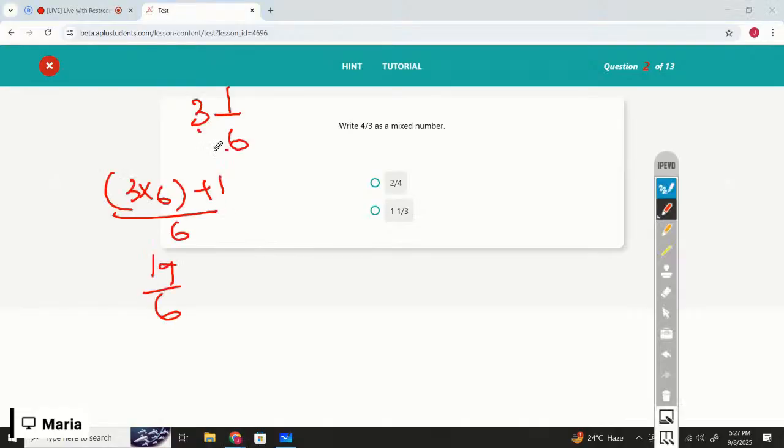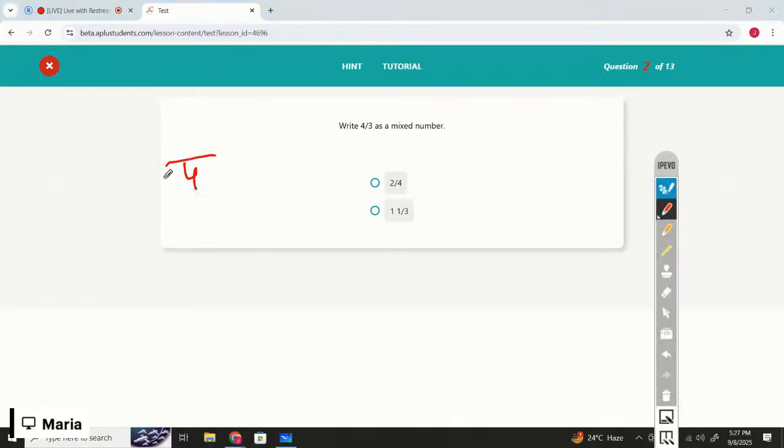Write 4 by 3 as a mixed number. So 4 by 3. Numerator is greater than denominator.